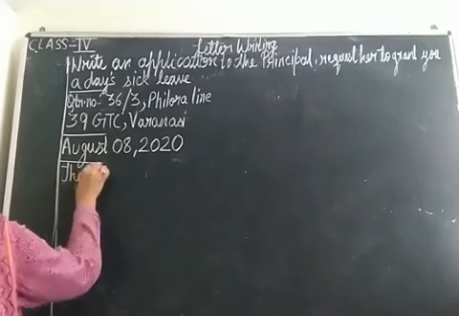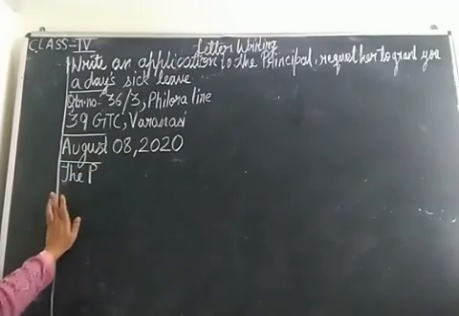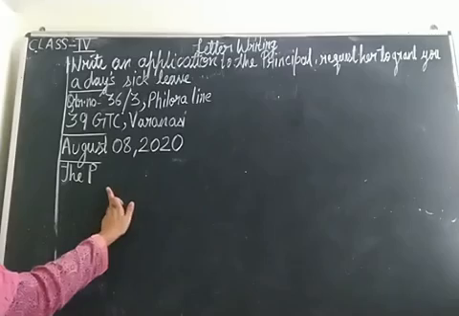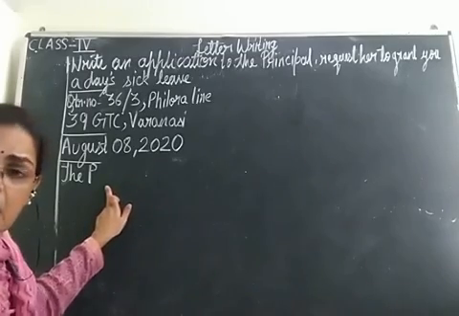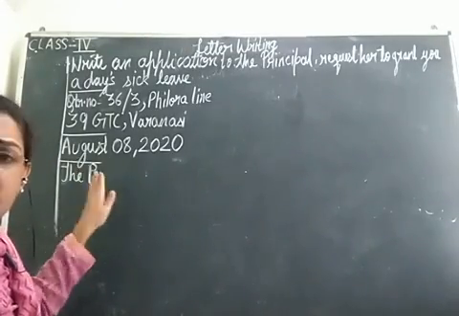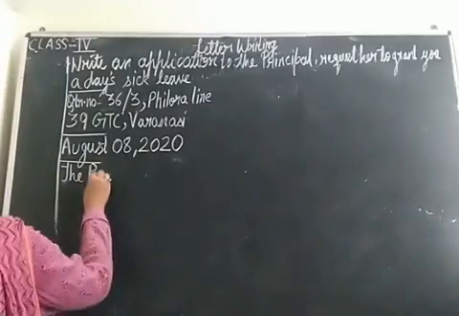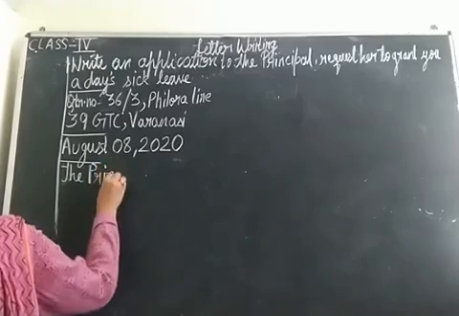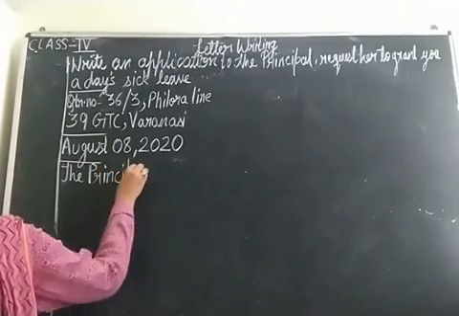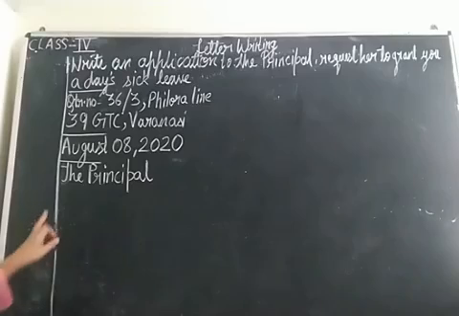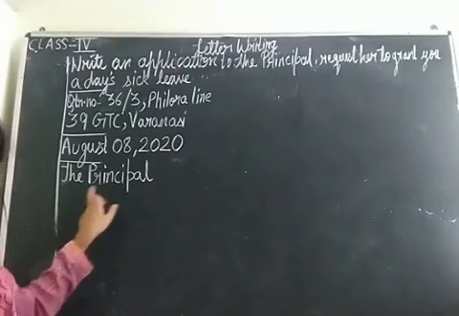The principal. Remember, again I am telling you, principal's P will be capital. Maximum of you write it with small p. That will be incorrect. So, principal P is always capital. And learn the spelling of principal. The principal, then comes the name of the school.